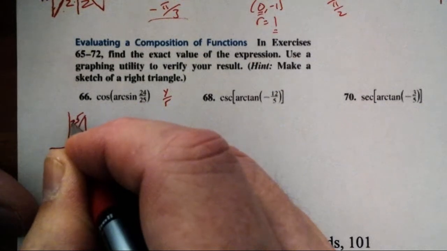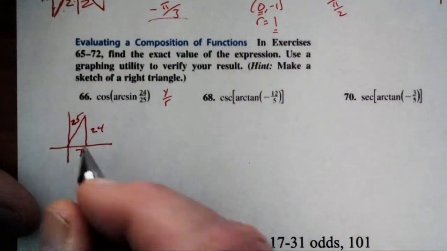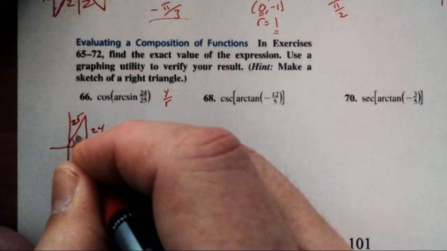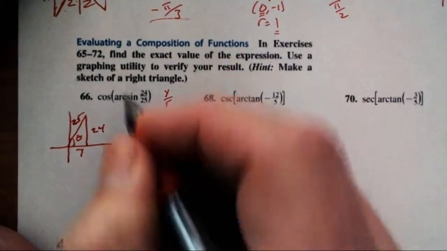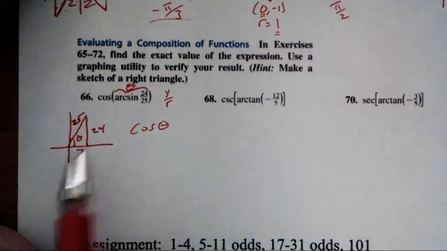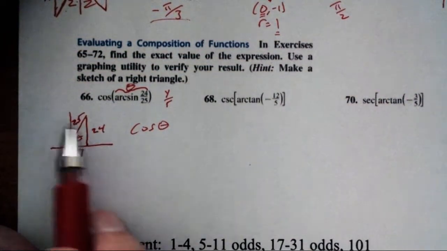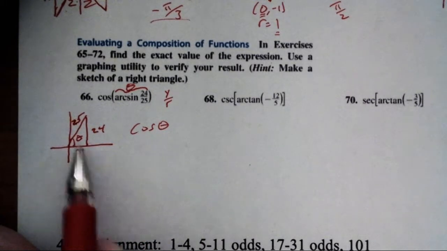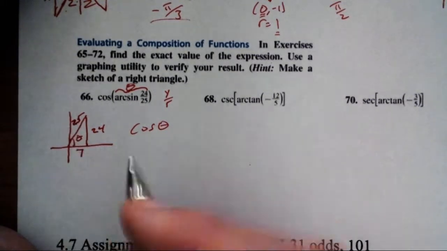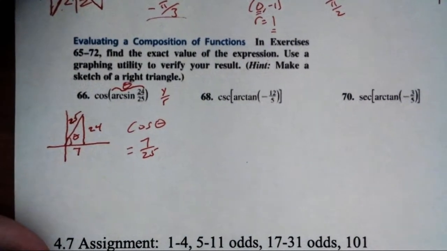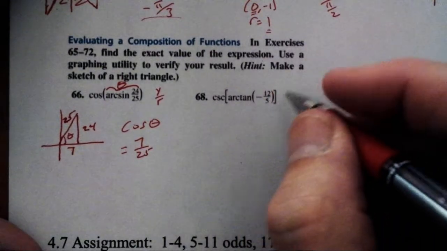And that is a Pythagorean triple, but you can check it. It gives us 7 here. So this is theta. I don't know how big theta is, but I'm supposed to find cosine of theta. If I know the side lengths, I've got it. Cosine of theta is adjacent on hypotenuse, or x on r, is 7 on 25. Just got to make sure we build these in the correct triangle.